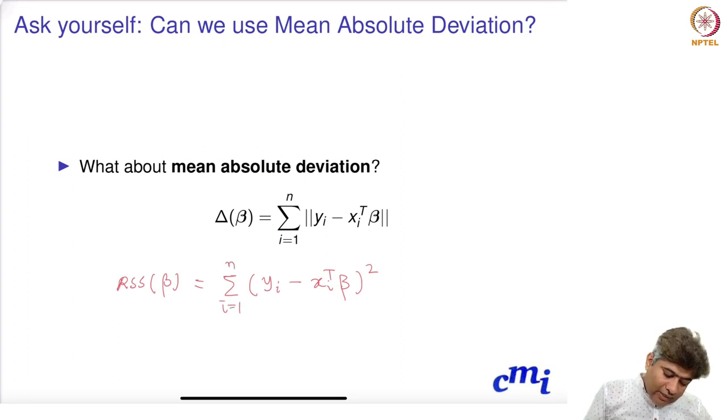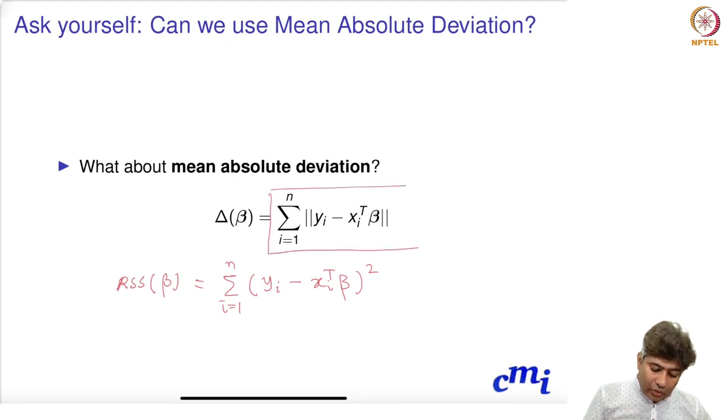This is the residual sum of squares. Now the question is, can you try to minimize the absolute deviation instead?